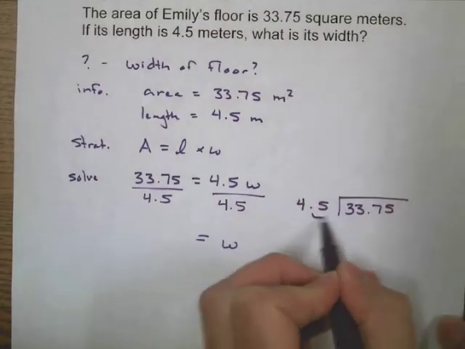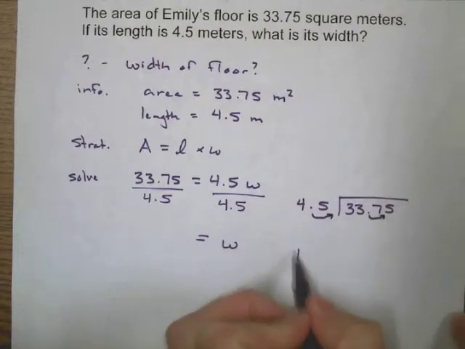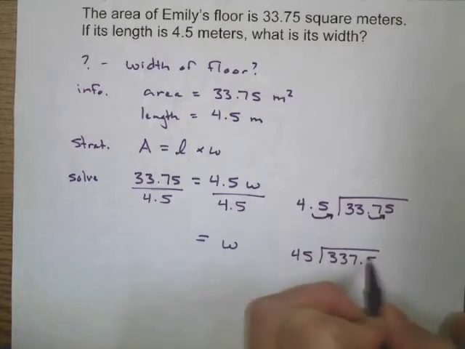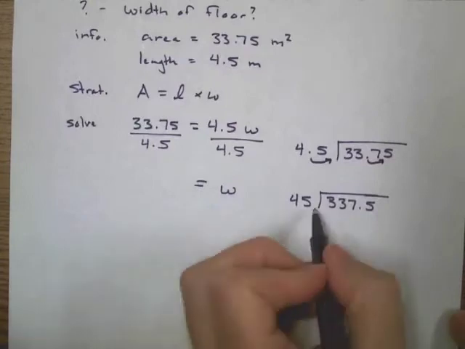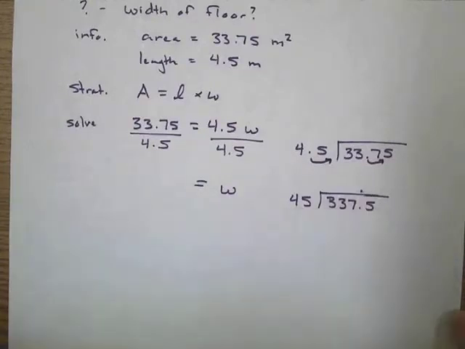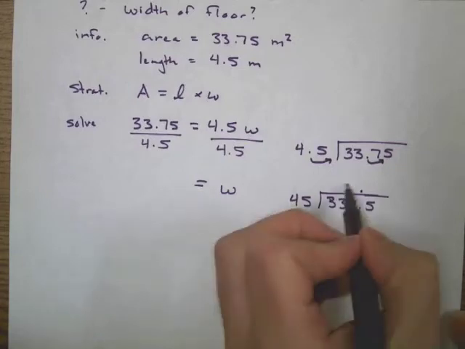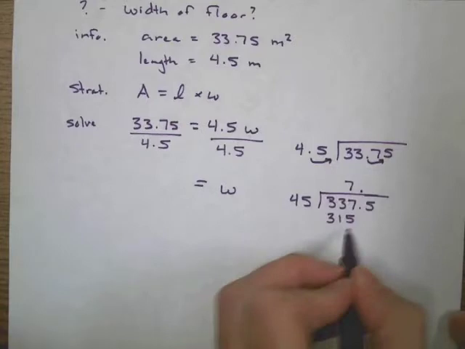I'm going to move this decimal over both places. So now I have 337 and 5/10 being divided by 45. Well, I can go ahead and start doing that. I'm going to put that decimal up there. So 45 goes into 337 7 times. 7 times 45 is 315.